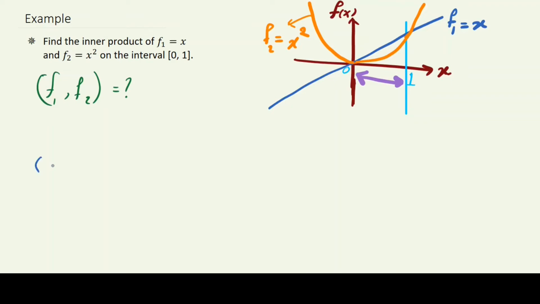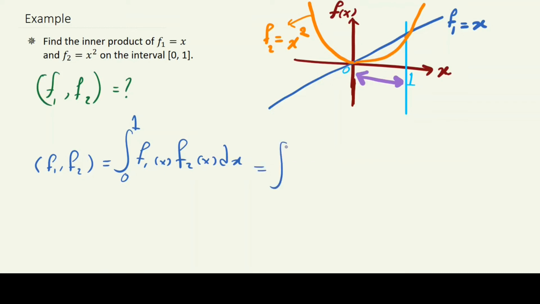So by definition, the inner product of f1 and f2 is the integral of f1(x) times f2(x) dx on the given interval, which is 0 to 1 for this example. So that's the integral from 0 to 1 of x times x squared dx, which is the integral from 0 to 1 of x to the power 3 dx.